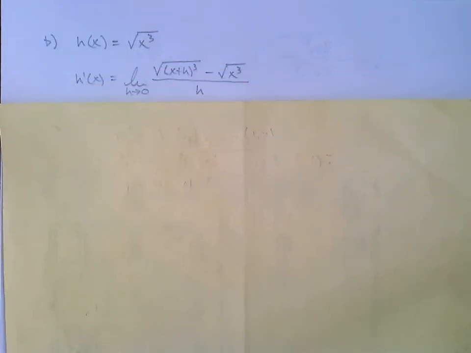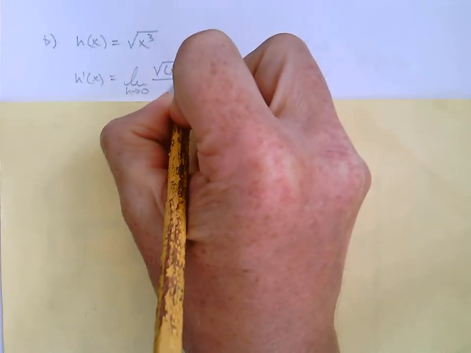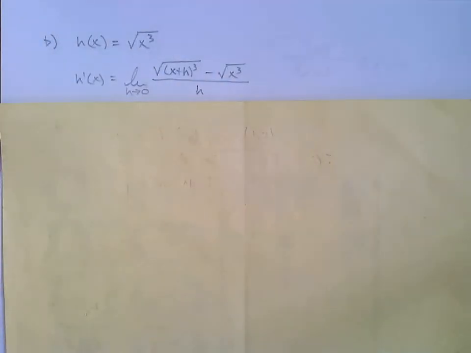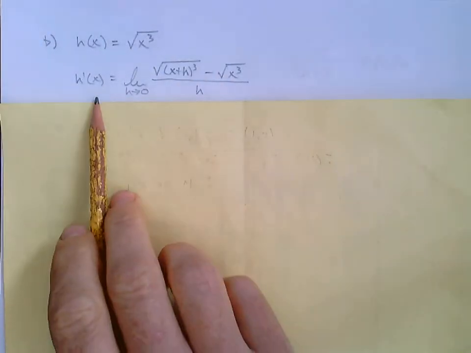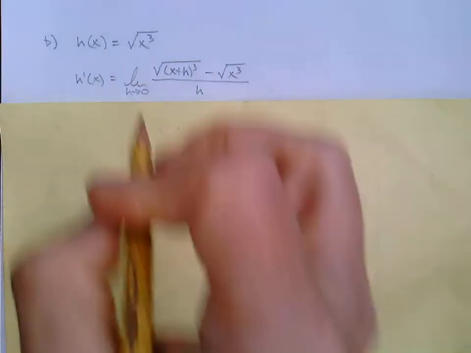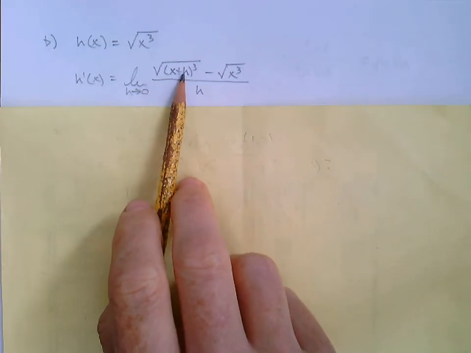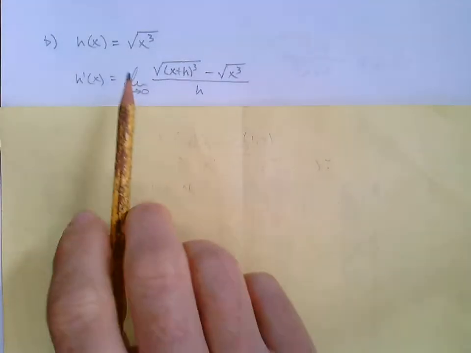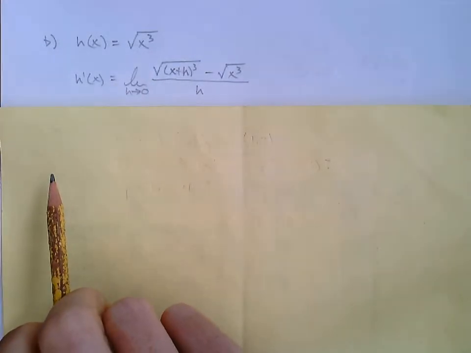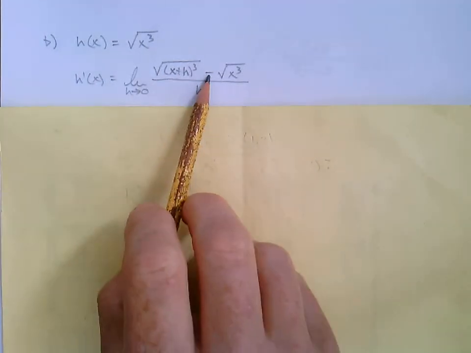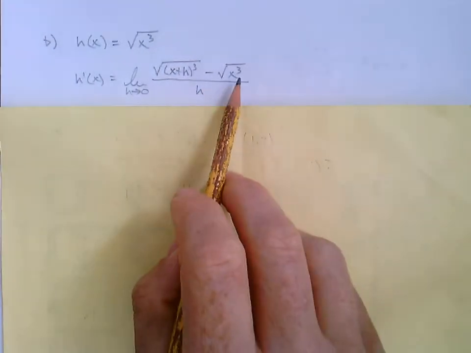Using the definition of the derivative, I'm just going to go for it and set this one up. h prime of x will equal the limit as h approaches 0 of the square root of (x plus h) to the third, well, there's h of x plus h, minus the square root of x to the third, the original function, all over h.